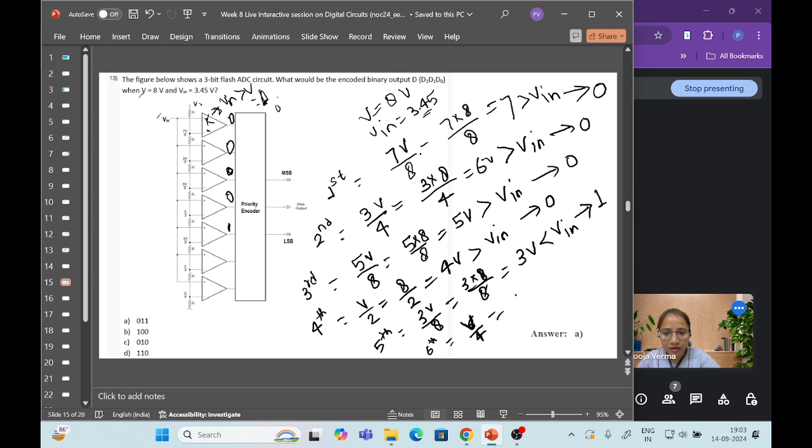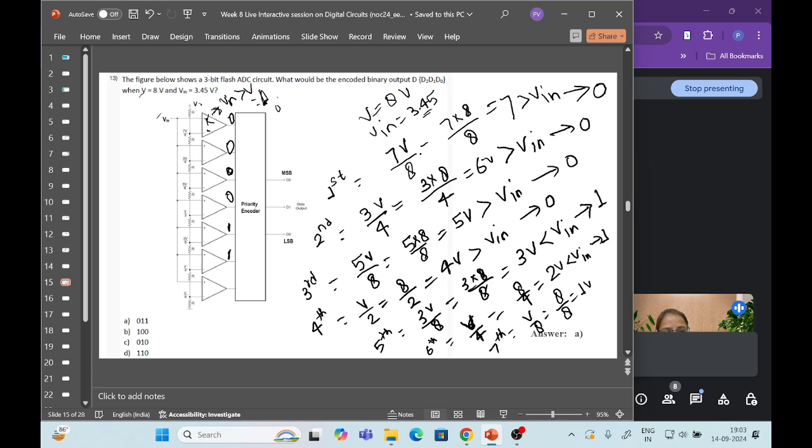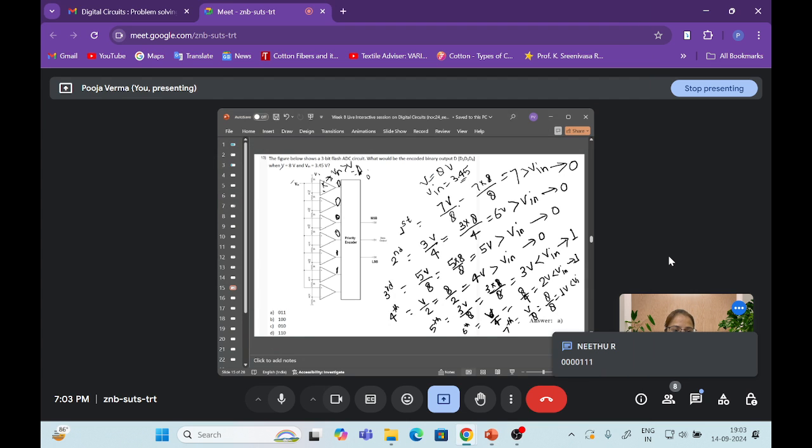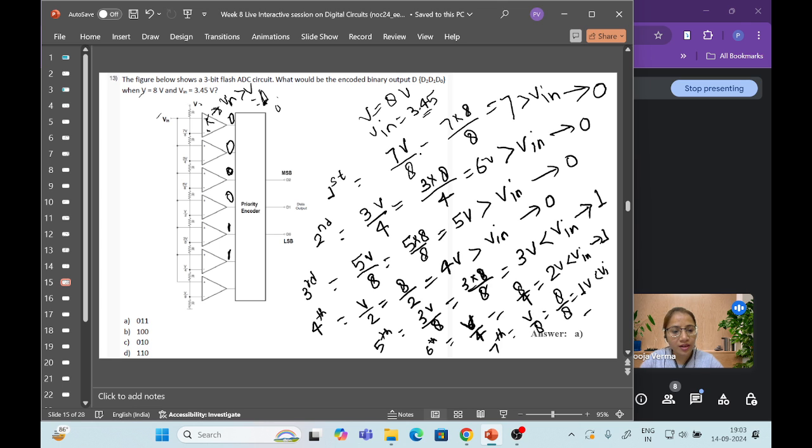So V is 8 by 4, that is 2 volt. It is also less than V in, so it will generate output 1. Now the last one, the seventh op-amp, it is V by 8. So 8 by 8, that is 1 volt, which is less than V in. So again it will generate output 1, right?